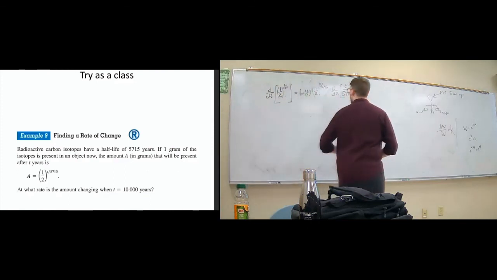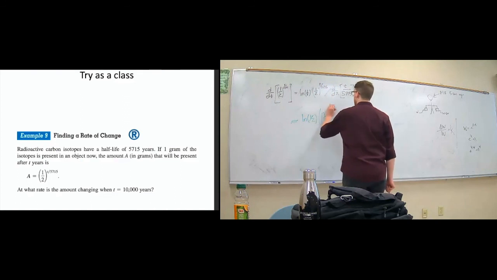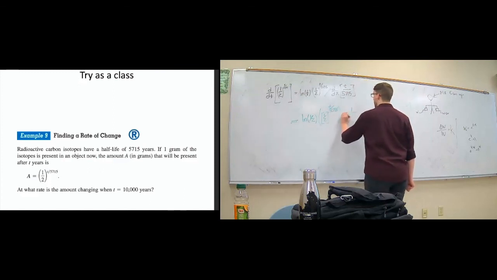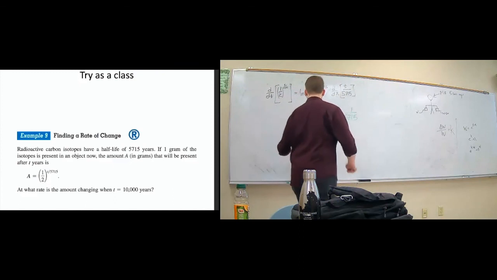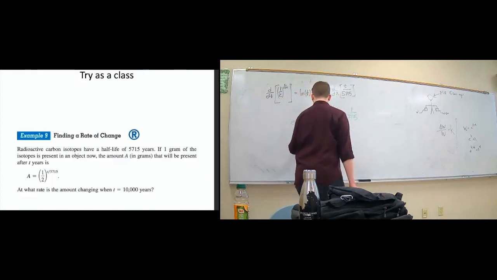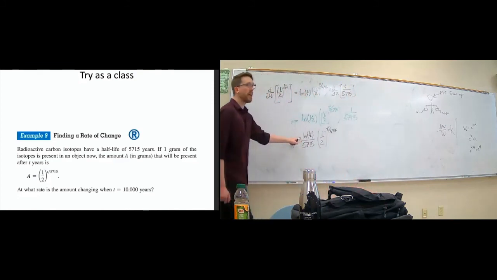So this then is going to evaluate out to be the ln of 1/2 times 1/2 raised to the t over 5,715, times 1 over 5,715, which we can rewrite as the ln of 1/2 over 5,715 times 1/2 raised to the t over 5,715. But we can rewrite this ln of 1/2, right?